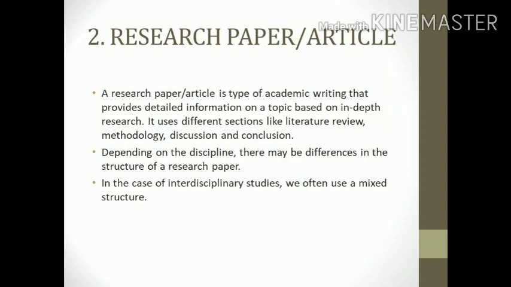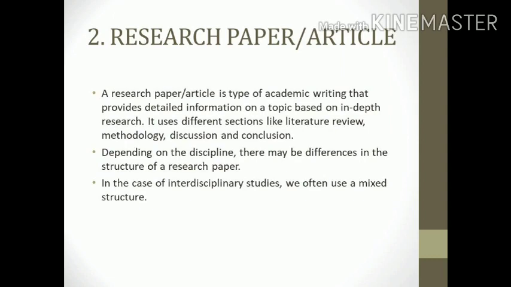What is a research paper? A research paper or article is a type of academic writing that provides detailed information on a topic based on in-depth research. It uses different sections like literature review, methodology, discussion, and conclusion.